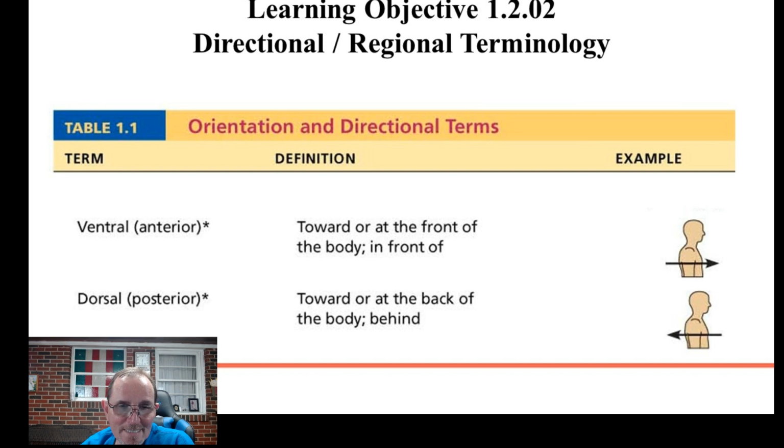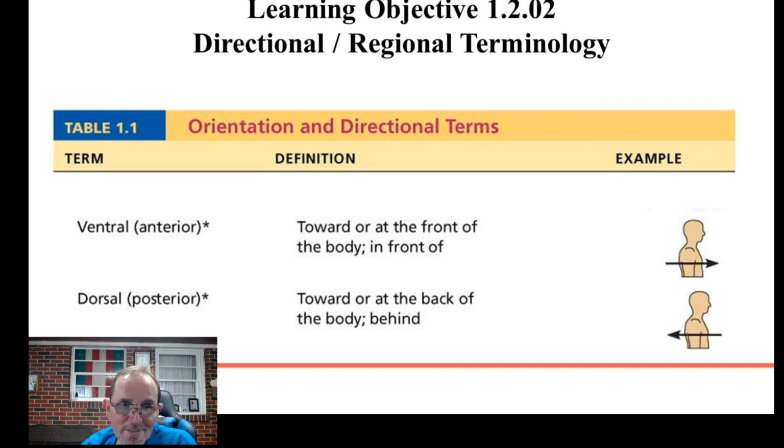Now, for front and back, the front of the body is going to be the anterior. The back of the body is going to be the posterior. And again, use this to compare things. If I were to say blank is anterior to this, or the other thing is posterior.